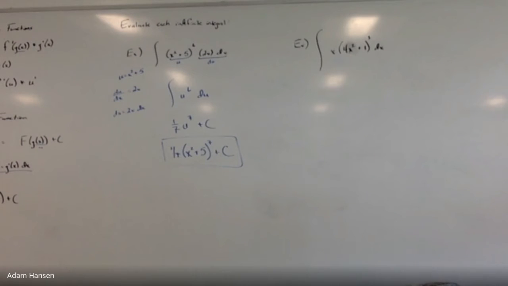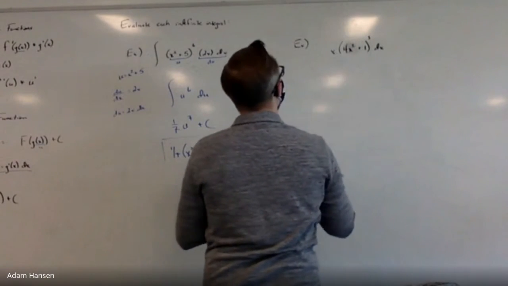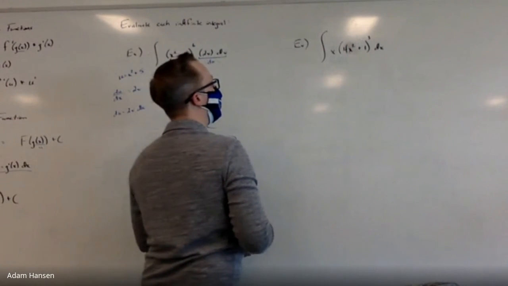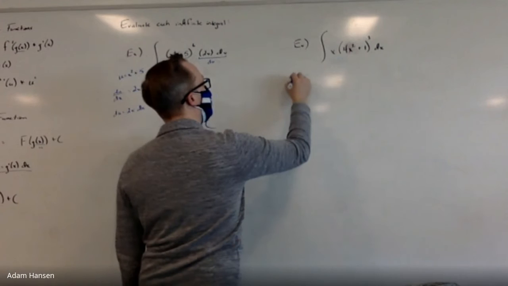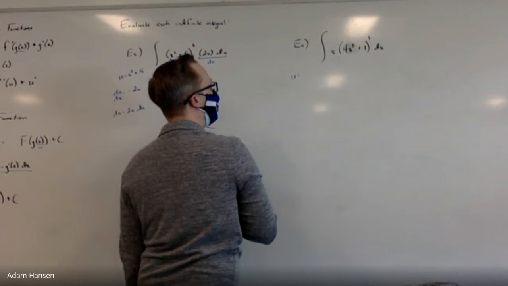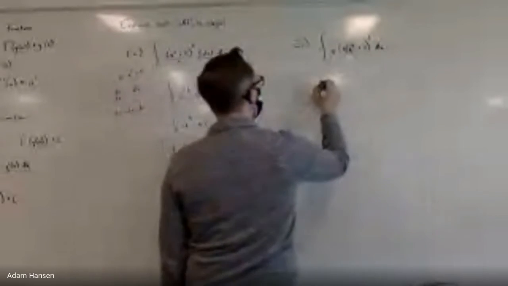This is a composite function, so we're going to attack this using u-substitution, where I let u be the inner portion of this expression. So what is u? What should we define u as? What's the inner function? You bet, Jamie.